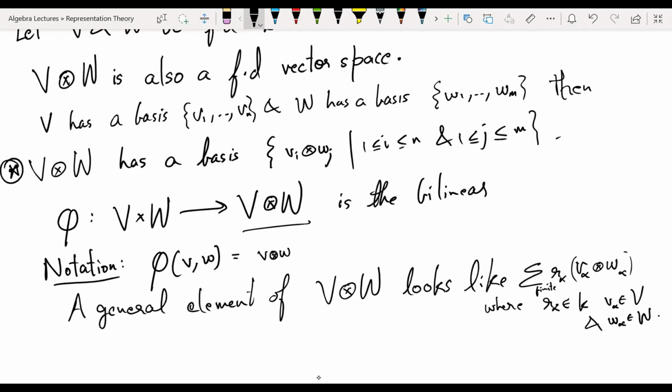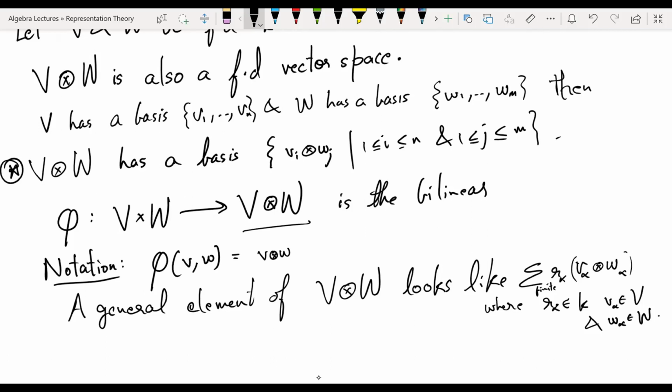Of course I could go to the properties, but maybe for vector spaces this is clear. Of course this set is a generating set of V tensor W, because any arbitrary element of V tensor W you can write as this.